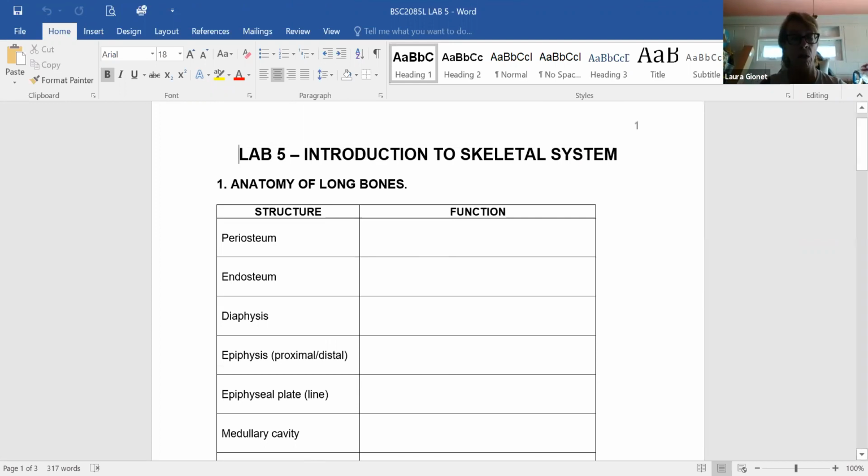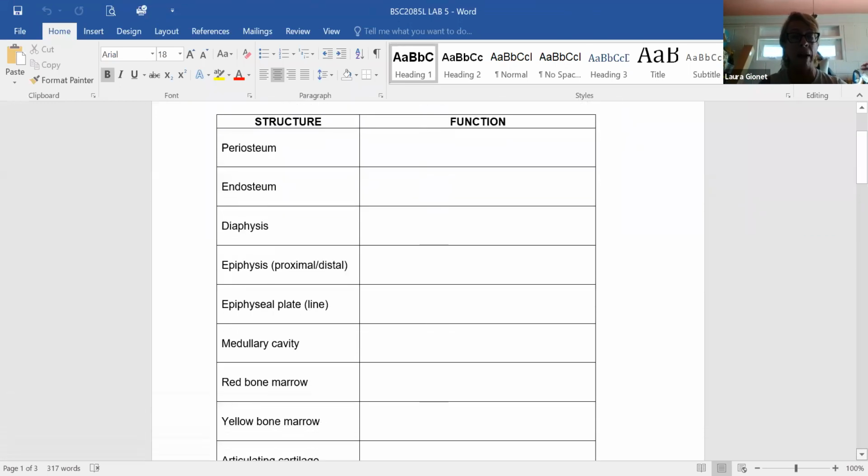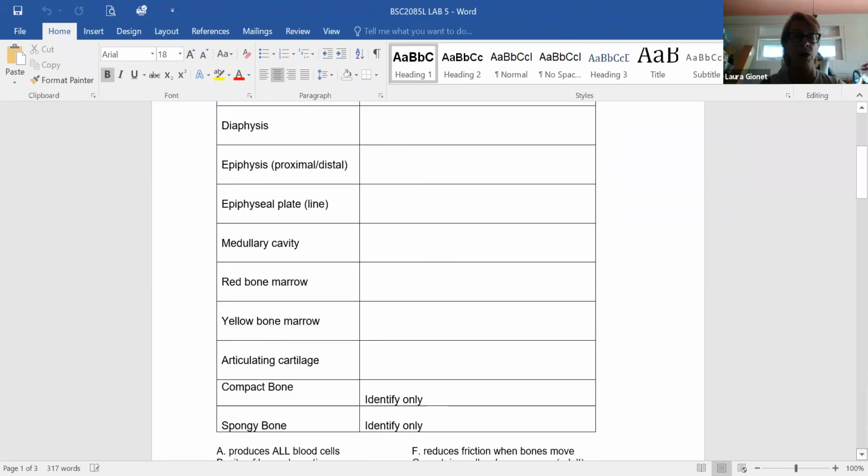A line is a closed growth plate. The medullary cavity, red bone marrow, yellow bone marrow, articulating cartilage, compact bone, just be able to identify it. Spongy bone, just be able to identify it as the tissue, and then with spongy bone, be able to identify a trabeculae versus the red bone marrow portion.